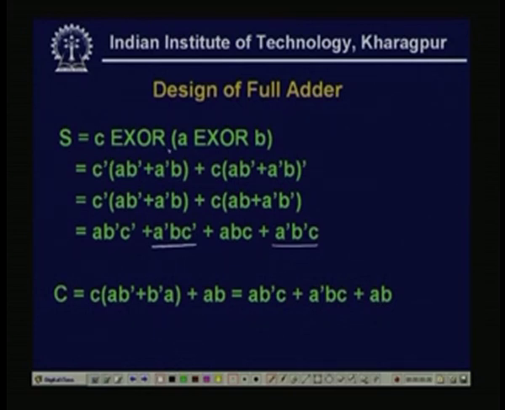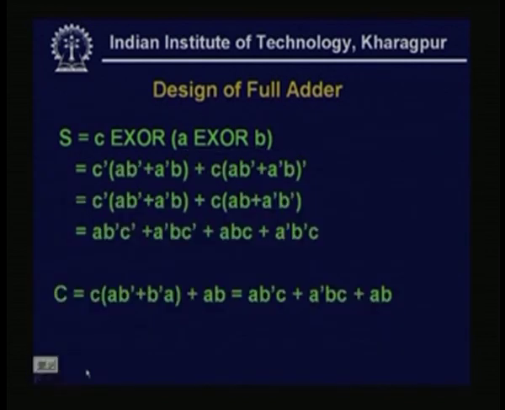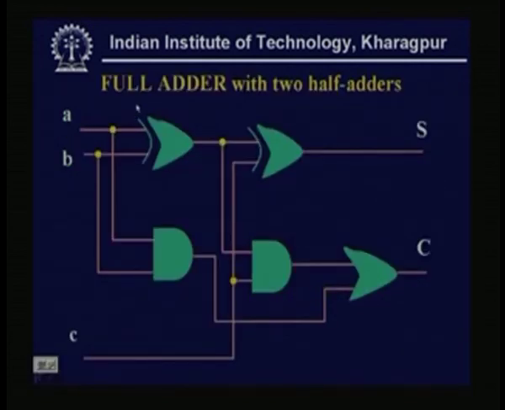That means, this is C XOR A XOR B. Now, A XOR B, I can write that this is a half adder circuit. So, now we can realize that full adder with two half adders. This is A XOR B, and now with A XOR B, again another half adder, that means another XOR, and the one input is the carry itself.